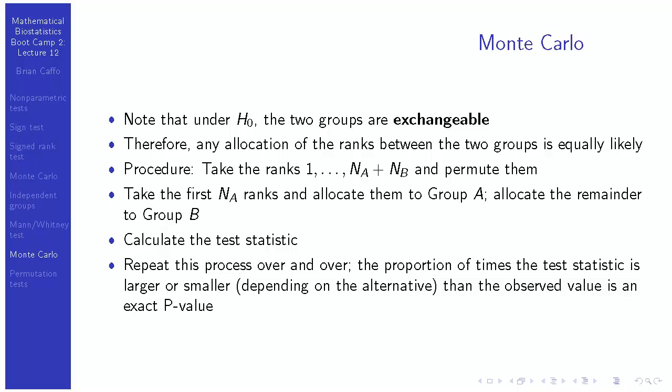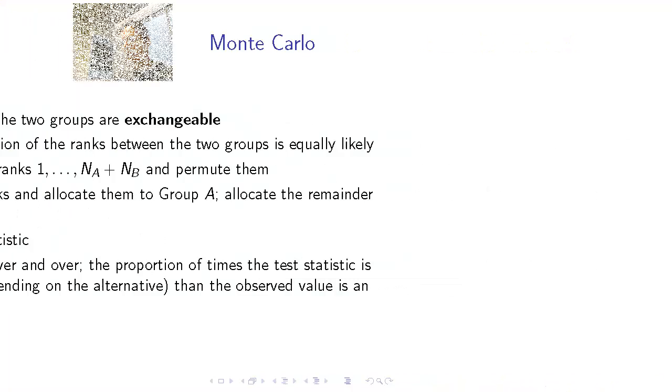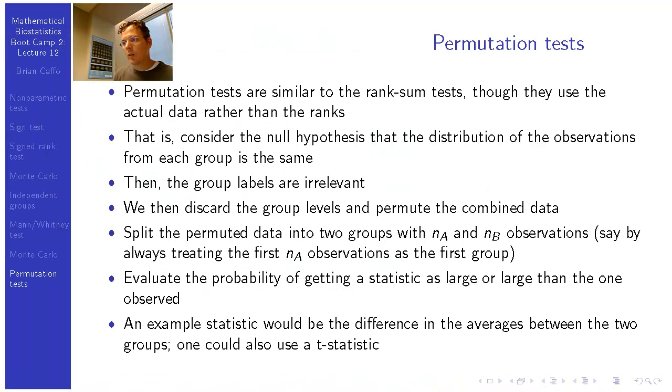And then I just wanted to remind people about permutation tests, because we've already talked about them a little bit, with regard to Fisher's exact test, but here we could also talk about them in general. Permutation tests are similar to these rank sum tests, though they use the data rather than the actual ranks.